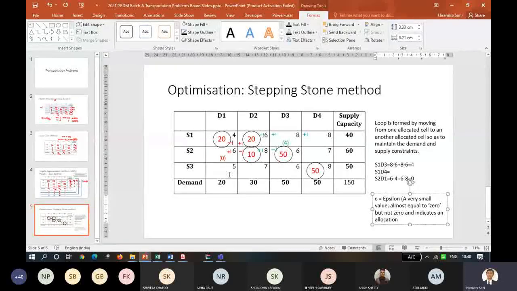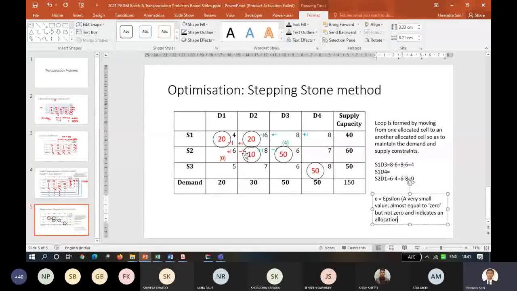Okay, you can take it anywhere, just to ensure that you are able to form the loop. At the same time, it should not form a loop with the existing allocations. So if I put an epsilon here, in this cell, it will not form a loop with anyone. But if I put the epsilon here, it will form a loop right there.